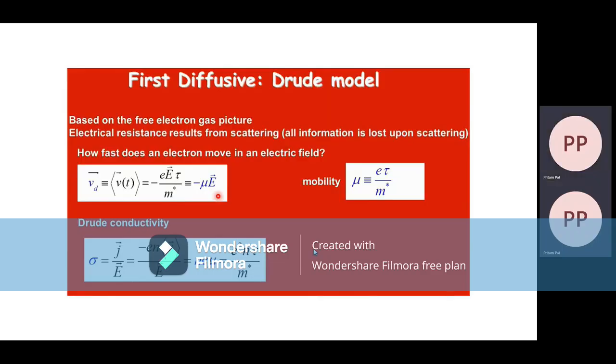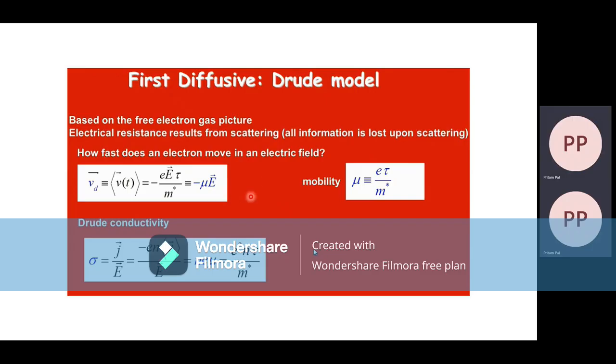So now move to the next slide. Now we'll discuss the Drude model, just to get us all on the same page. We start by reviewing the classical diffusive transport, which is well described by the Drude model.